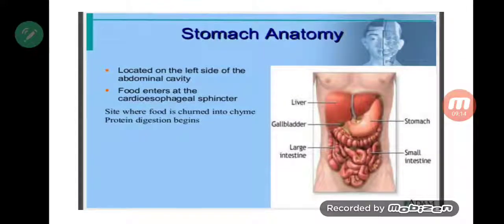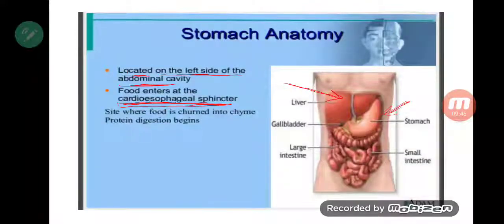The stomach is located mainly in the left side of the abdominal cavity. In the right side, we have the liver. Food enters at the cardioesophageal sphincter, or the lower esophageal sphincter, into the stomach.